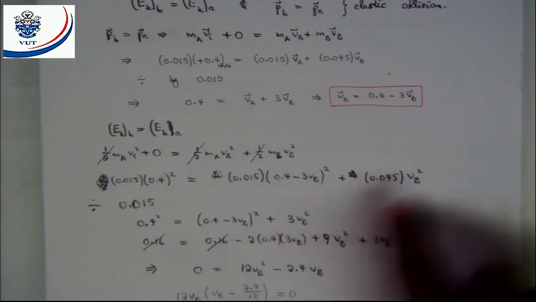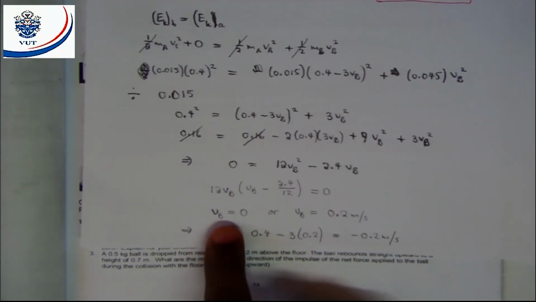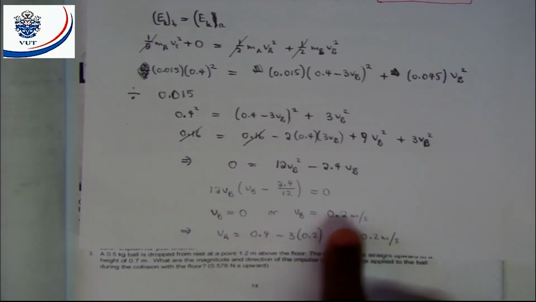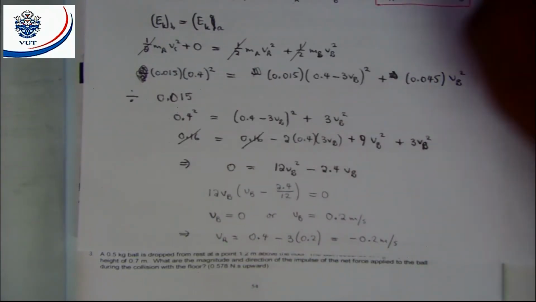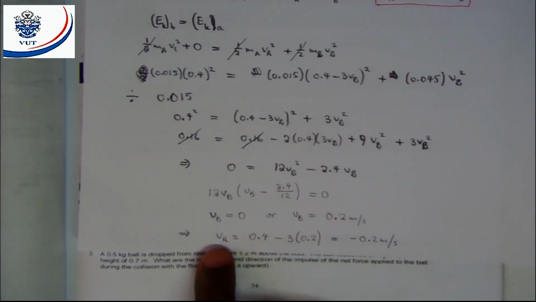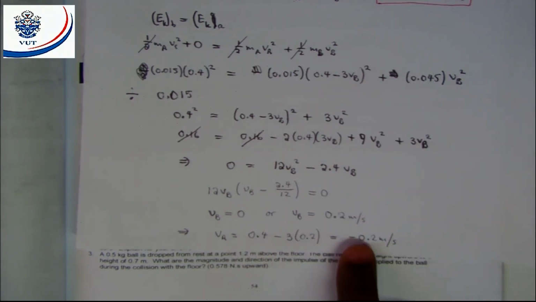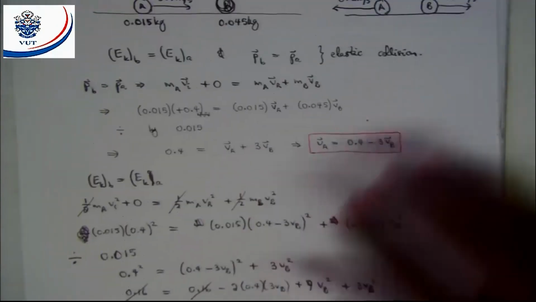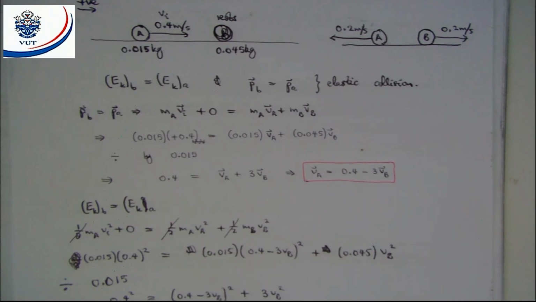Manipulating these, you will find that the final answer for VB is 0 or 0.2. 0 is when it is stationary, and 0.2 is the final answer, which is positive. Substituting the 0.2 into this equation, we get negative 0.2, which means A is moving in the opposite direction to the way it came in. So that's how you solve the problem.